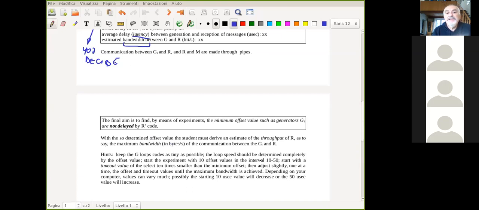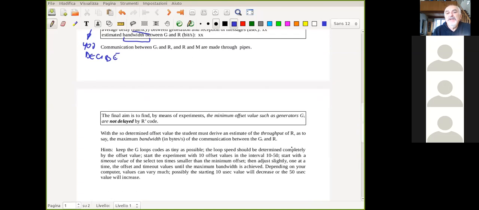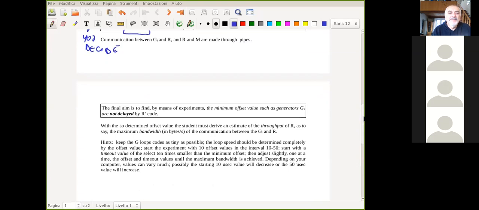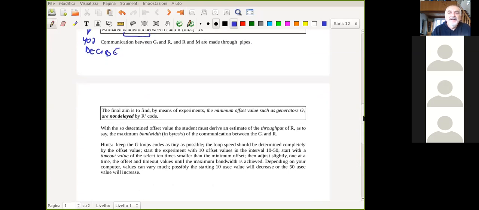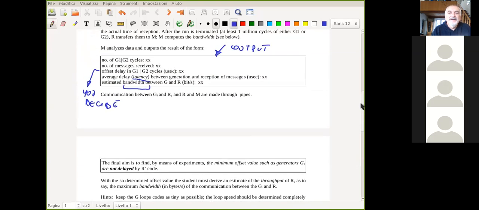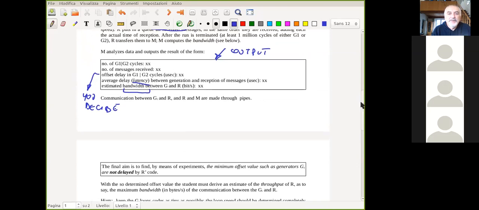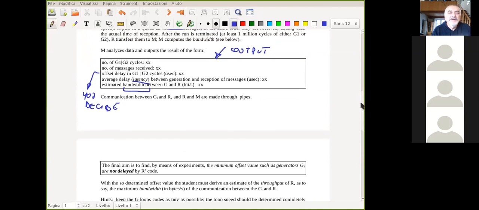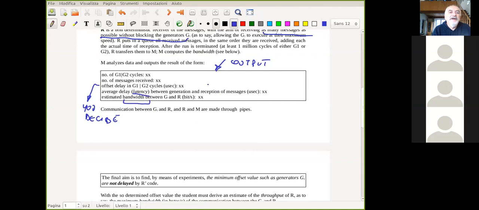There are hints, so follow the hints, just practical hints, just to not decide the parameters absolutely randomly. Just start with some parameters that are in a range that can probably drive you to good experiments. And finally, I need this as output.